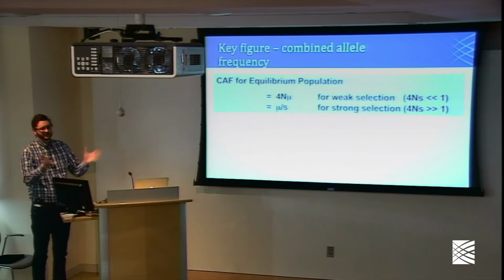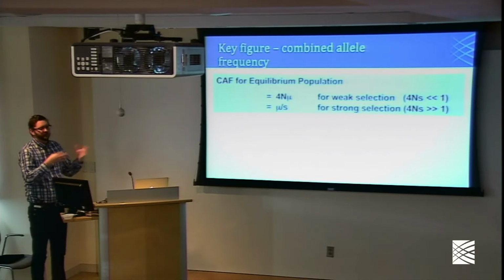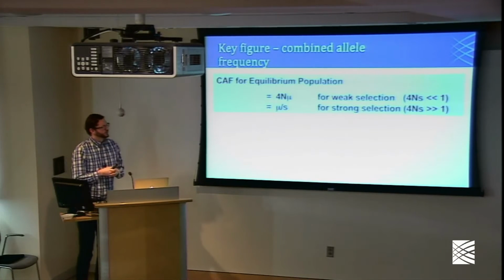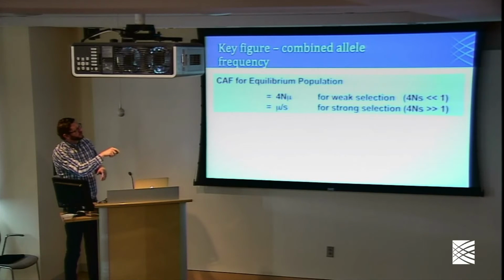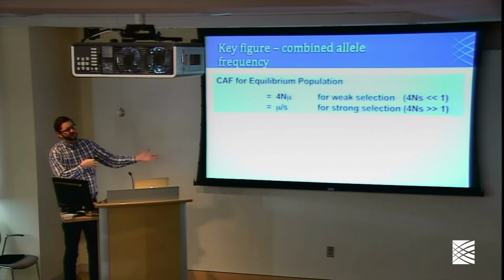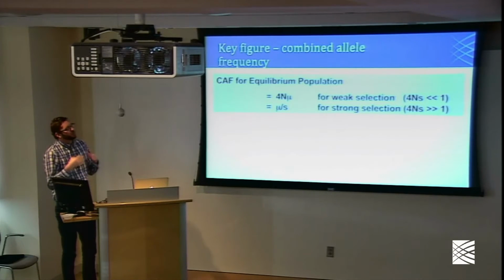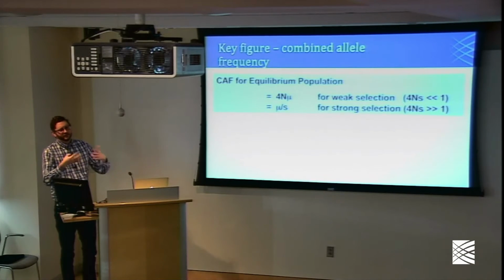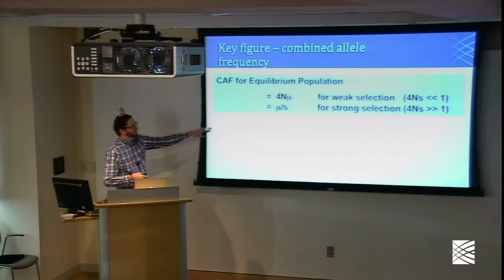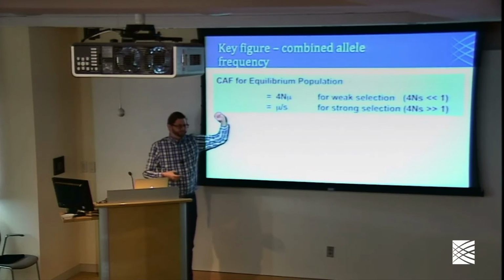It's not the population size right now. This is our approximately 10,000 population size sort of figure. For weak selection, 4 times the effective population size times the mutation rate will be what we would expect to see for a combined allele frequency. So there's this general rule of thumb, and this is what we think of as our neutral model.